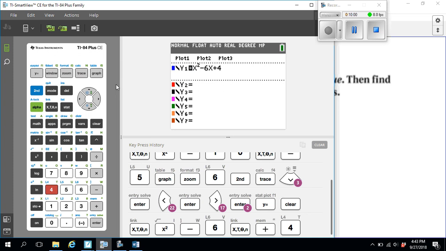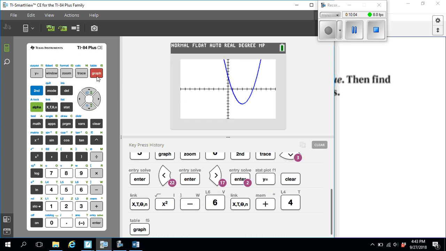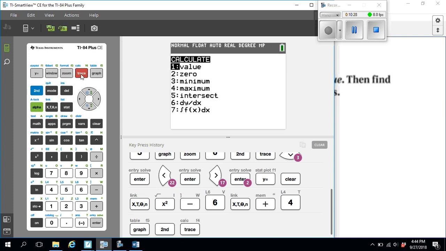Now, just like last time, we're going to press the graph key so we can graph it. As we notice, the graph does open up like we said before, and that means we have a minimum vertex. So we're going to find the vertex first, and from there, we're going to sketch our graph. Remember, to find the minimum, we're going to go second, the blue button, and then the trace button.